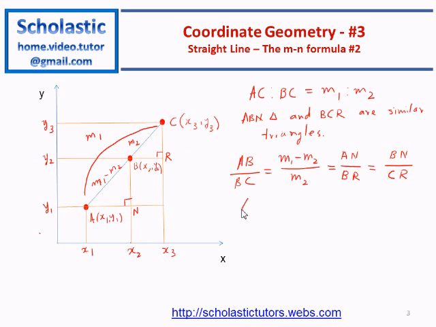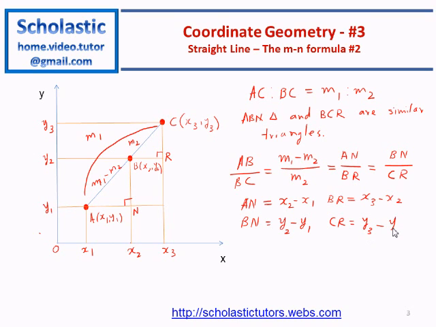So AN, straight away we can write, equals x2 minus x1, and BR is equal to x3 minus x2, and BN is equal to y2 minus y1, and lastly CR is equal to y3 minus y2.